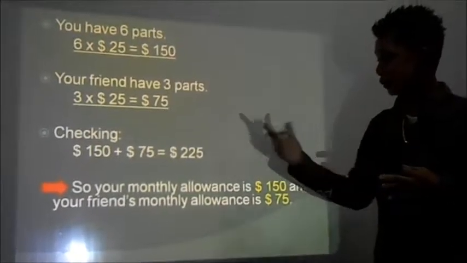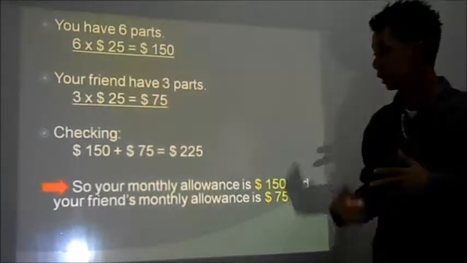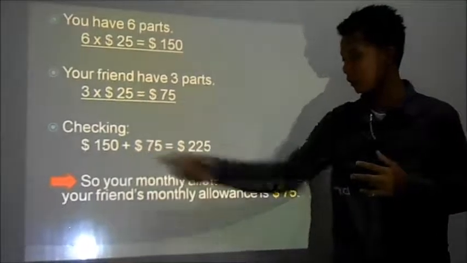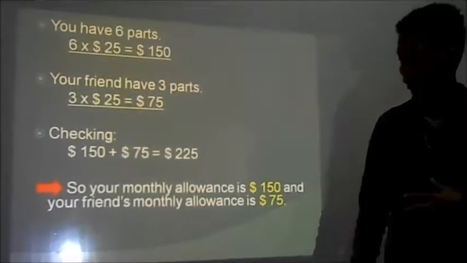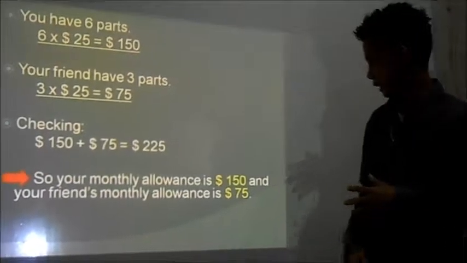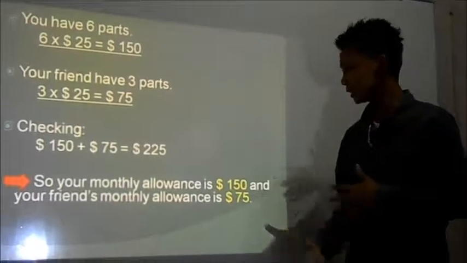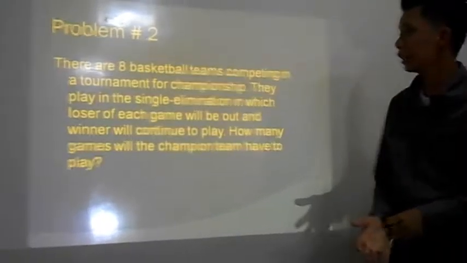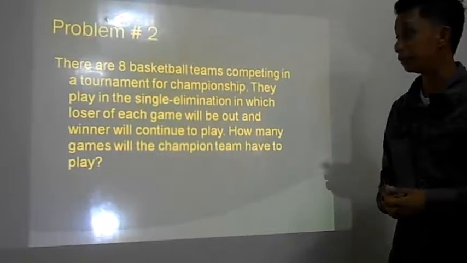It equals $75. Looking back, $150 plus $75 equals $225. So your monthly allowance is $150 and your friend's monthly allowance is $75.